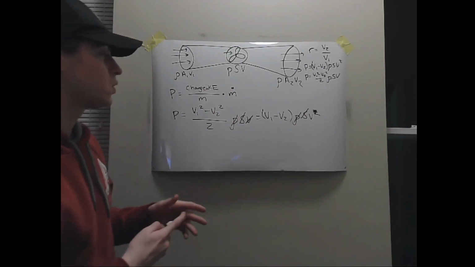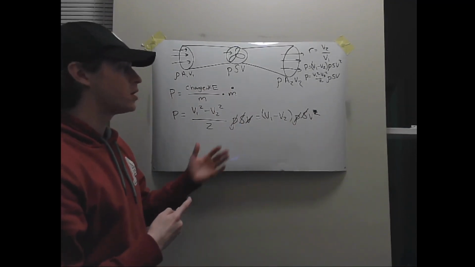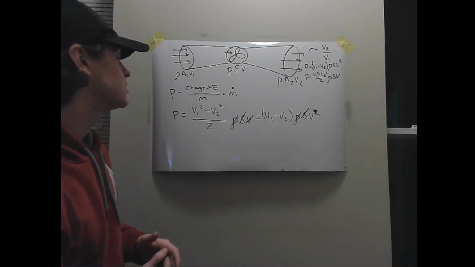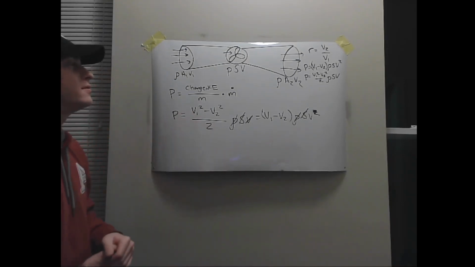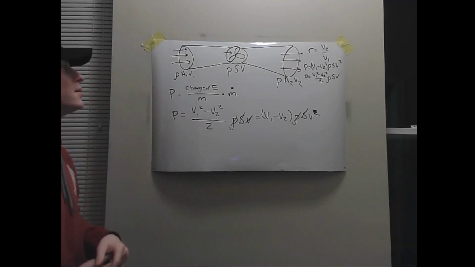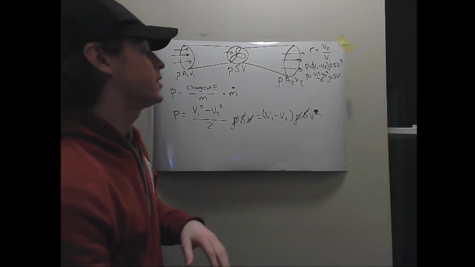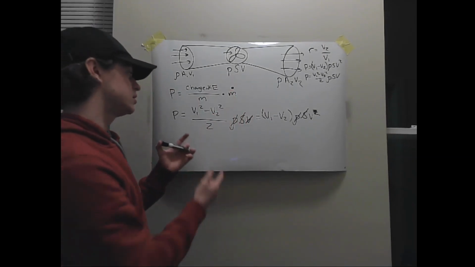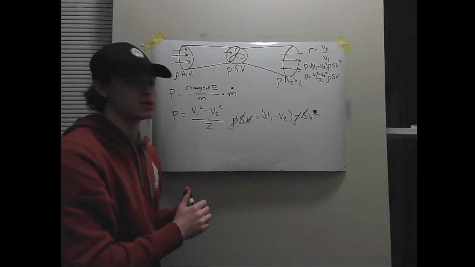And now I'm going to go ahead and solve this equation for V. Because right now we have V1 and V2 defined as the velocity going in and the velocity going out. But this velocity at the fan is still kind of arbitrary, so we can actually use V1 and V2 to get an expression for that.